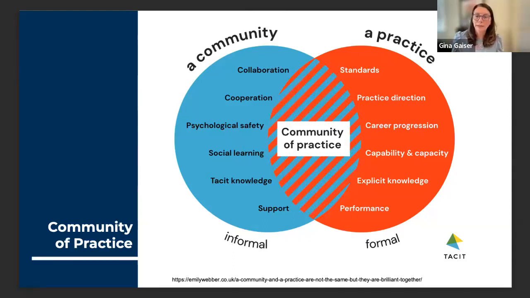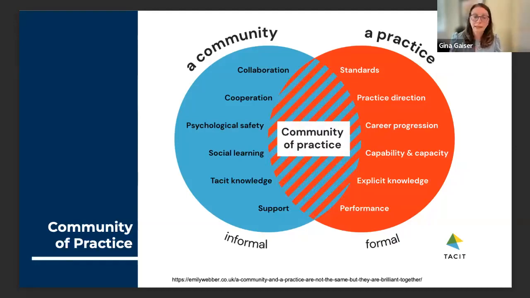Often there's a component of learning or sharing of knowledge in a safe environment, or one that has a social guideline or rules of engagement. How does that compare to a practice? A practice may have direction and standards. It's something active where you build your skills, progress in your career, and then practice or perform what you've learned.